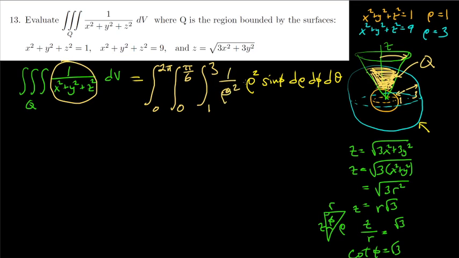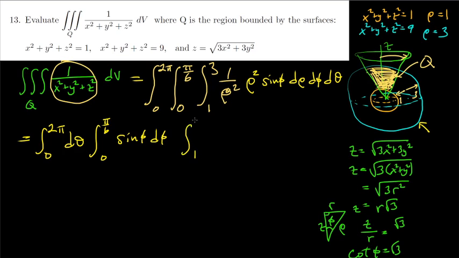Which is convenient because that's going to cancel with the rho squared from the Jacobian, right? So, let's see. The outside integral from 0 to 2 pi d theta. The inside integral from 0 to pi over 6, and we're just integrating sine phi d phi. And then the rho integral is from 1 to 3 of just 1 d rho. The d theta integral just gives you the usual 2 pi.